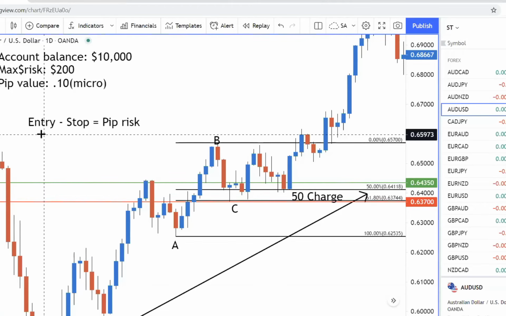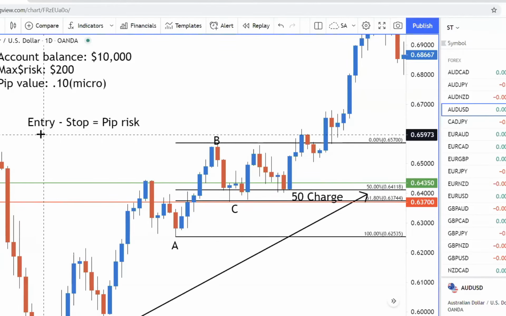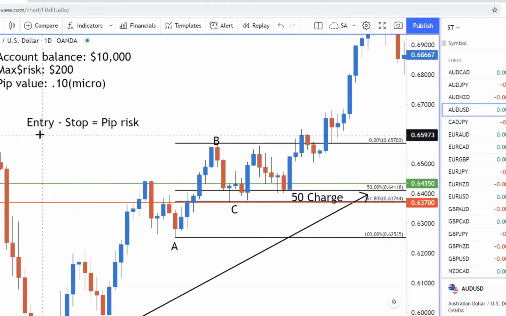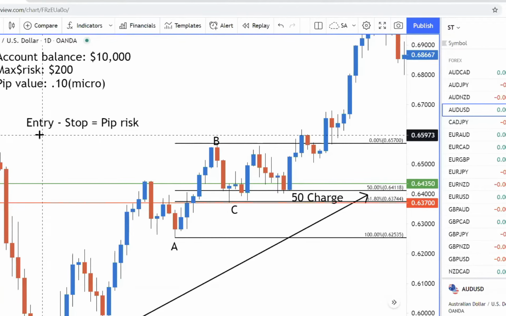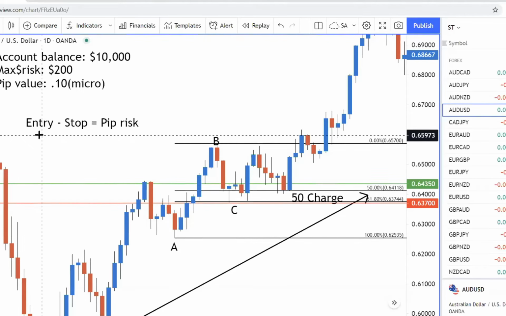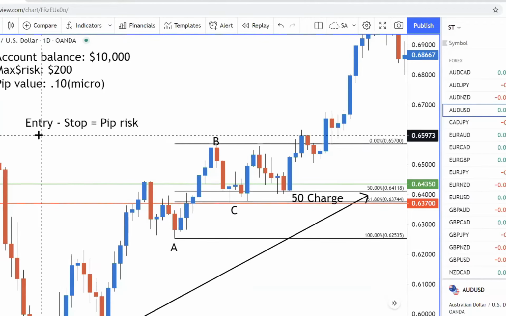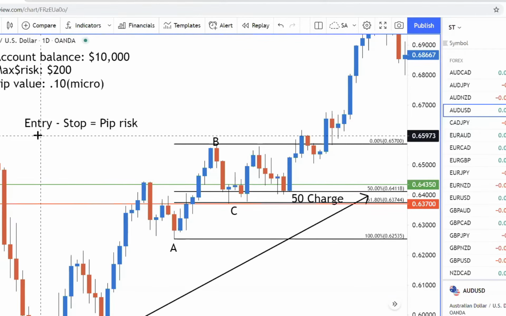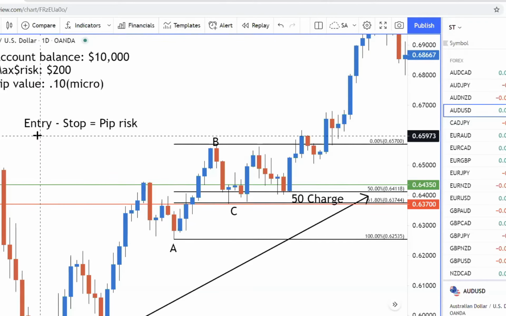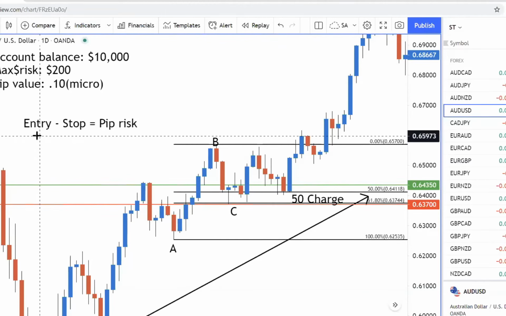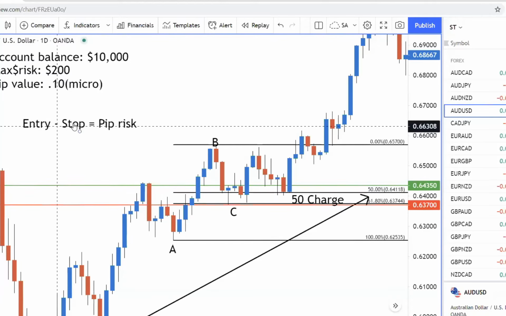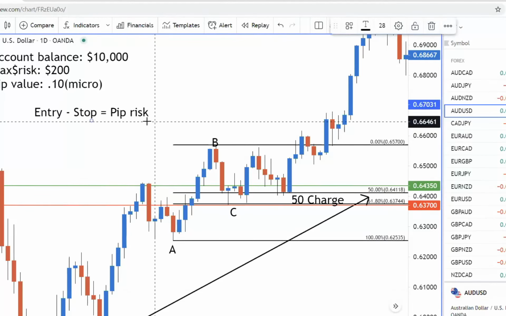So that's fine, right? But for proper position sizing, you do need to know where an entry is, where the stop is. Targets don't really matter because position sizing isn't impacted by the targets. Really, it's all about the risk, right? And your risk, the total risk of the trade, is between the entry and the stop of any trade, right? So entry minus stop is the pip risk.